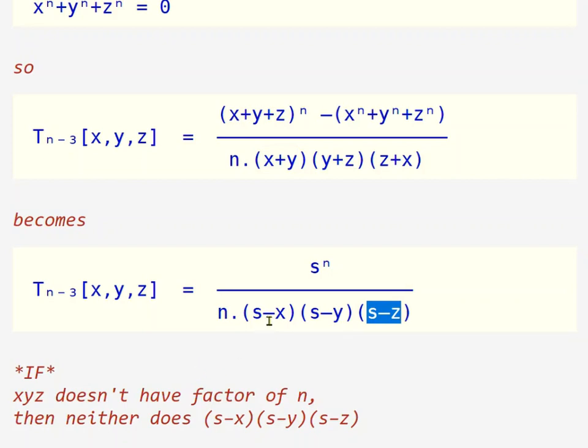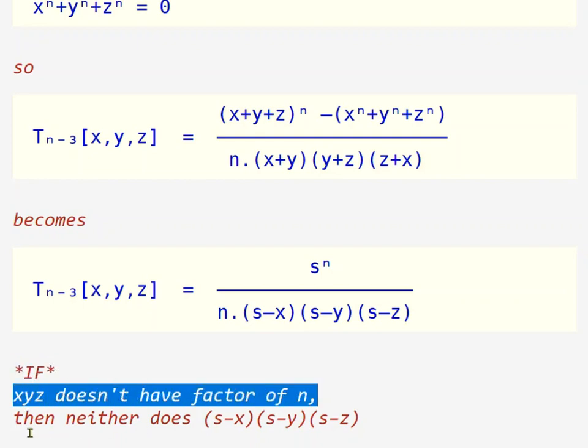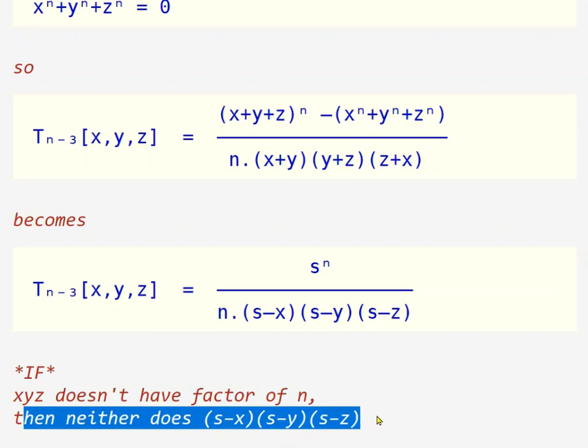Now, remember that s has a factor of n. If x had a factor of n, then s minus x would have a factor of n. And conversely, if x doesn't have a factor of n, then s minus x cannot have a factor of n. So if x, y, z doesn't have a factor of n, then neither does this.